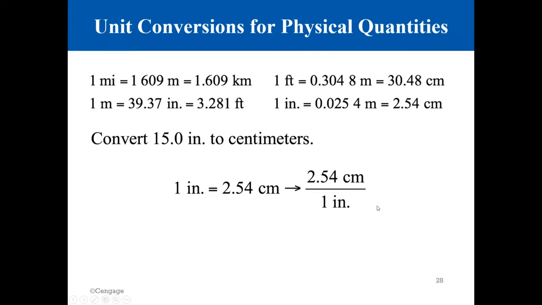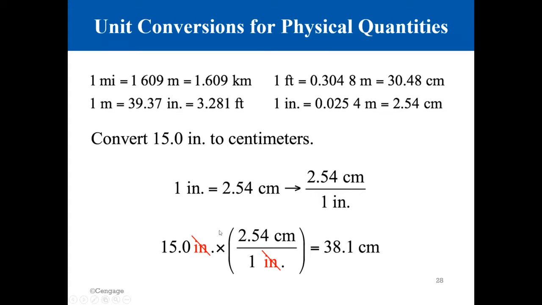So we will use this conversion factor to answer this problem. 15 inches, I multiply by 1, this factor here. Inch cancels with inch. So I end up with 15 multiplied by 2.54, which is 38.1, and now the unit is centimeter. Okay, and we have the right number of significant figures on both the right and left side of the equation.